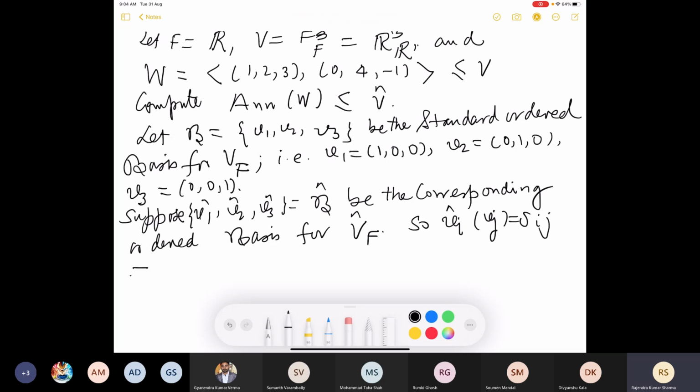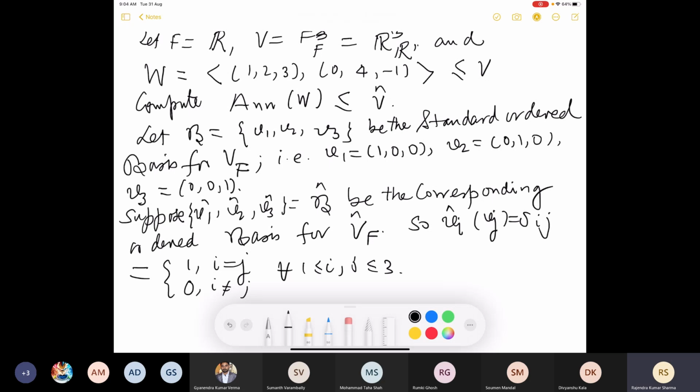That means this is 1 when i is equal to j, and this is 0 when i is different from j, for each i, j equal to 1, 2, 3.